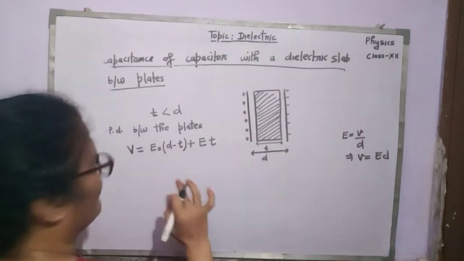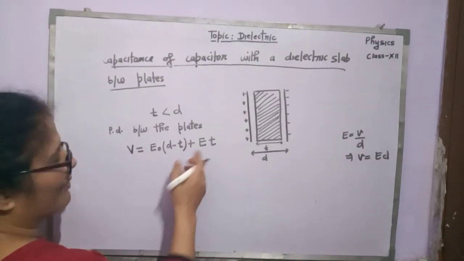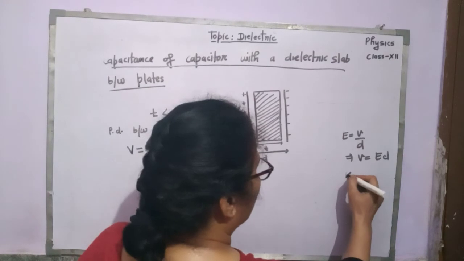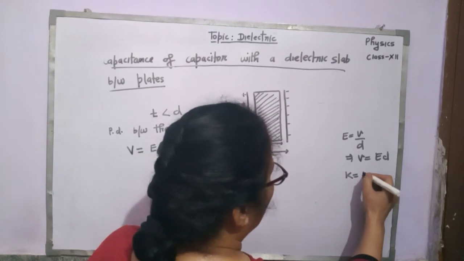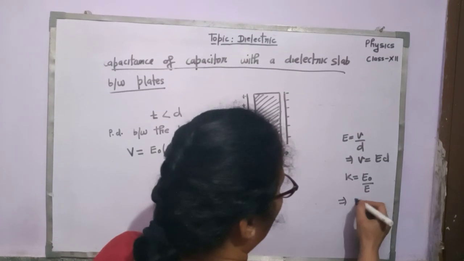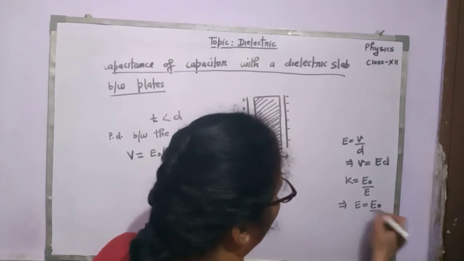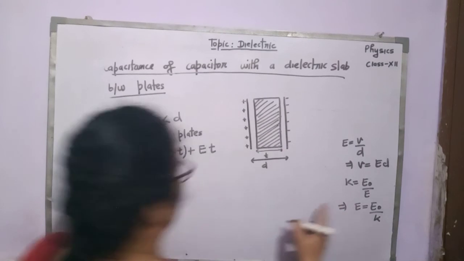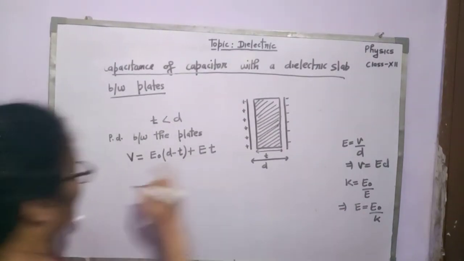Now, previously we have studied that K is equal to E naught upon E. That means E is equal to E naught upon K. Substitute the value of E directly from here.